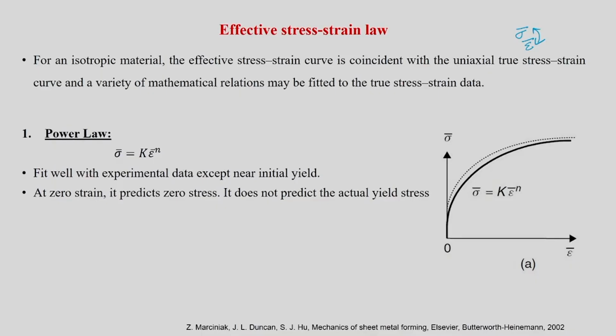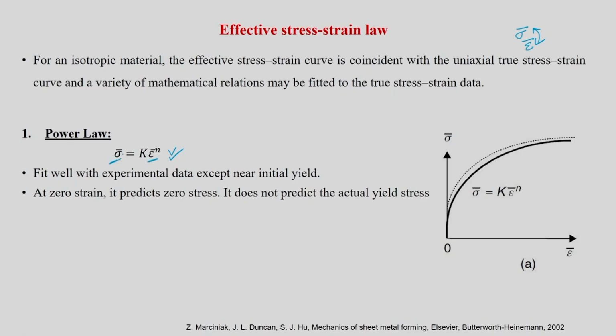The first law, which we have already seen in several places, including problems, is sigma bar equal to k epsilon bar power n. It's called the power law. This equation is predominantly used in all the calculations, and we used a similar equation in our problem also, when trying to find sigma bar from epsilon bar.